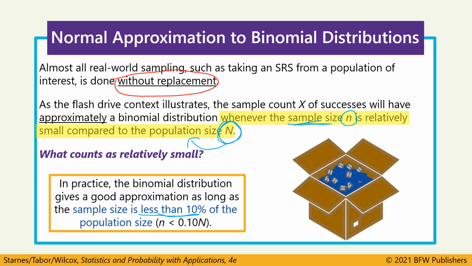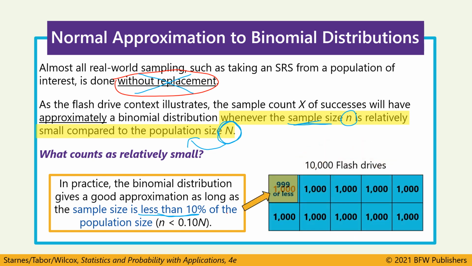So as long as our sample is less than 10% of the population, we can ignore the fact that we're sampling without replacement and changing the denominator of that fraction. Those changes are going to be negligible with that size sample. So if we have 10,000 flash drives, as long as we're sampling 999 or less, we can ignore the fact that they're not actually independent.